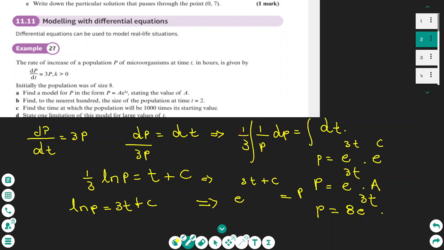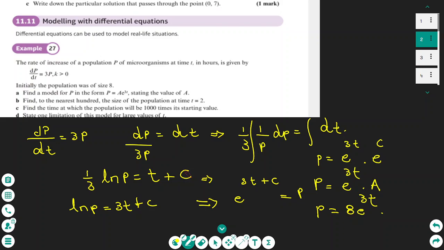By integrating, the left hand side is 1/3 the integral of 1/P dP, and the right hand side is the integral of 1 dt. The integral of 1/P is ln P, and the integral of 1 dt is t plus a constant.